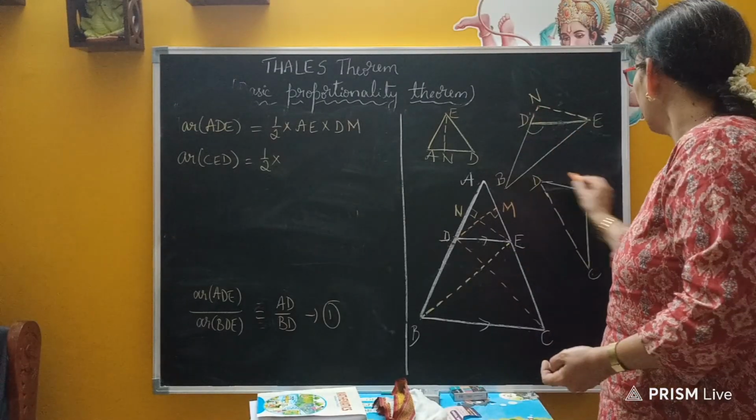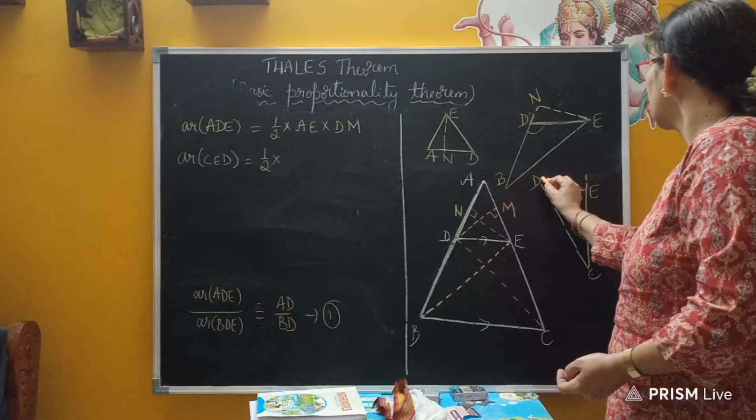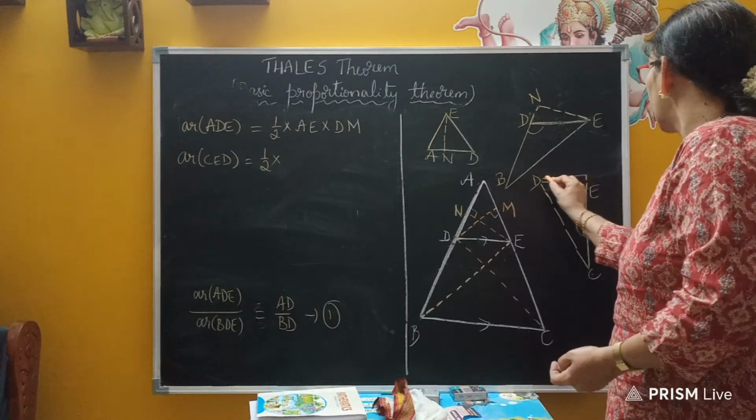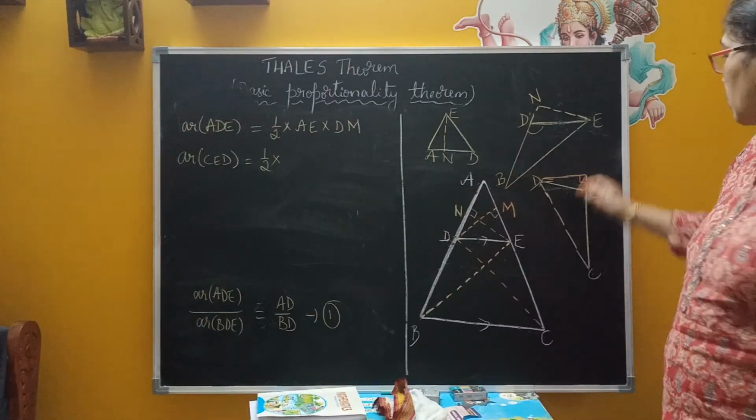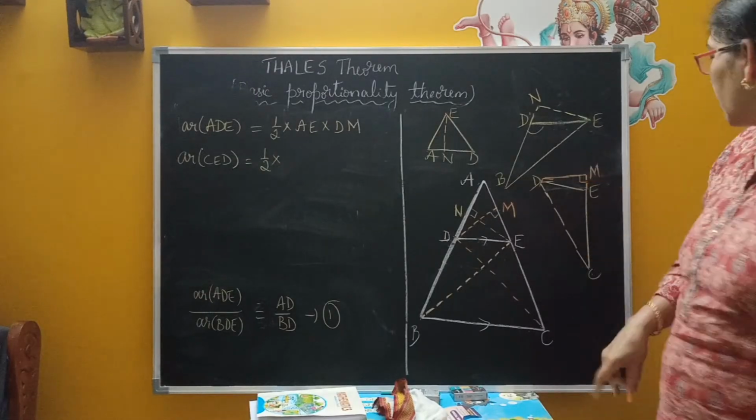And here how can we draw the height? We need to extend this part and draw a perpendicular like this from this point D. So this is the perpendicular, and this point is M. Okay, so this is the triangle.